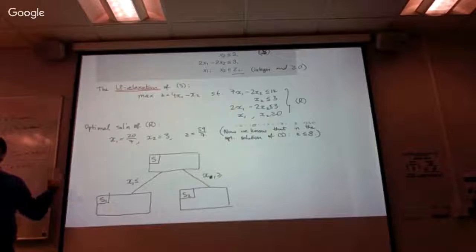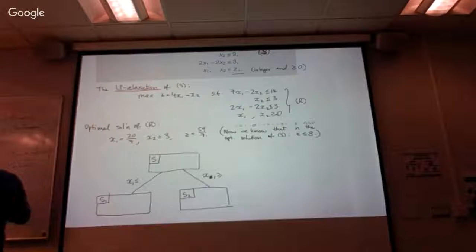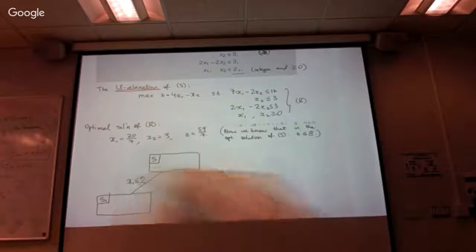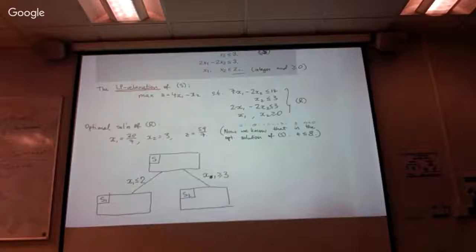There's no integer between 2 and 3. So either x1 is no more than 2, and if not, then it's at least 3. Okay, so this is the branching we do.